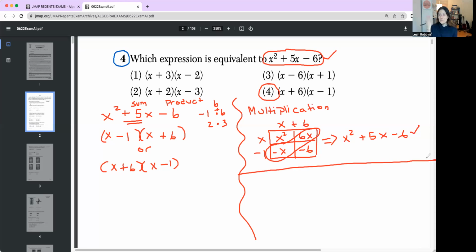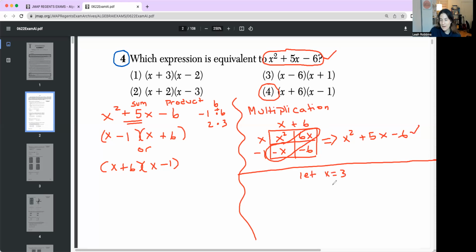Now, the last way that I'm going to show you right now is by choosing a number for x. And this is just a testing strategy. I definitely want you to know these two methods, just because it's always good in algebra to know how to do these two things. But if we want to test our answer, let x equal a number.